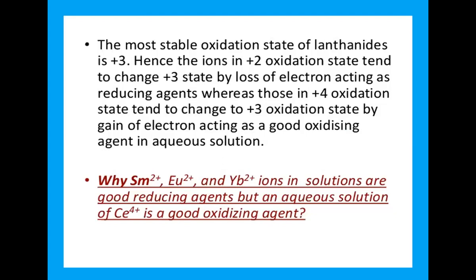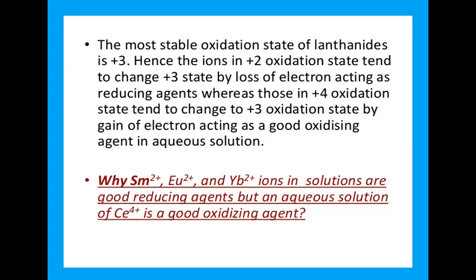Here is one question. Why are samarium +2, europium +2 and ytterbium +2 ions in solution good reducing agents, but an aqueous solution of cerium +4 is a good oxidizing agent? The reason is that the most stable oxidation state of lanthanides is +3. Hence, the ions in a +2 oxidation state want to change to +3. +2 to +3 means they have to lose an electron.